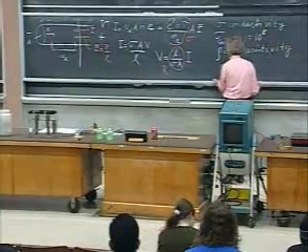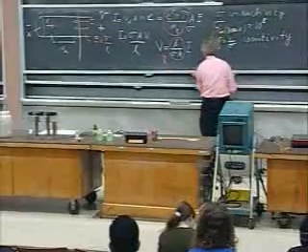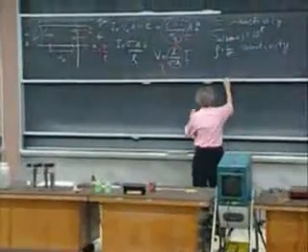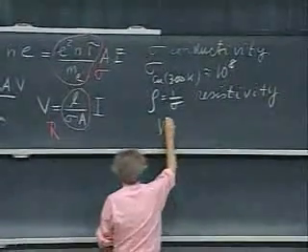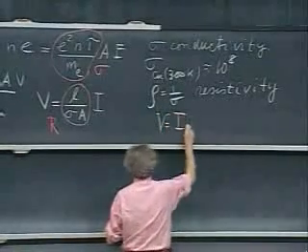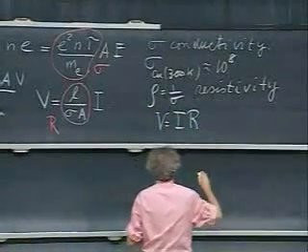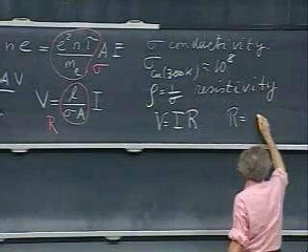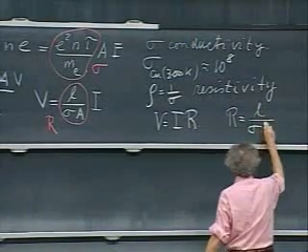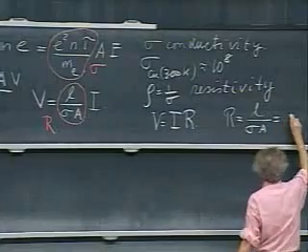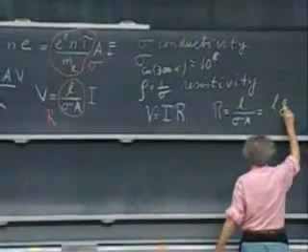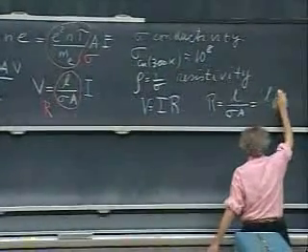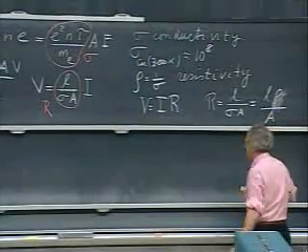So either one will do. So you can also write down, V equals IR, and this R then is either L divided by sigma A or L times rho. Let me make it a nicer rho divided by A. That's the same thing.